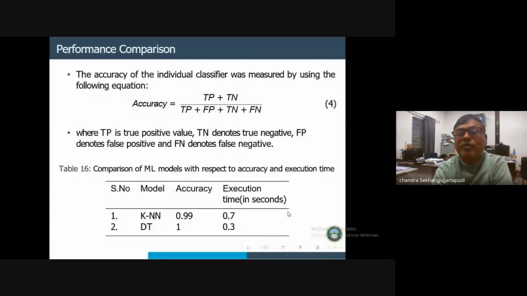From that we have calculated the performance of the machine learning model. For KNN, accuracy is 0.99 and for decision tree it is 1. Their execution times are 0.7 and 0.3. So this is about accuracy and execution time for this model.